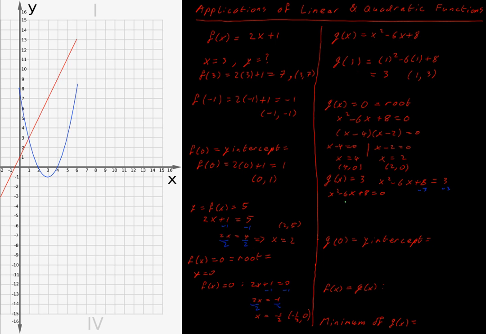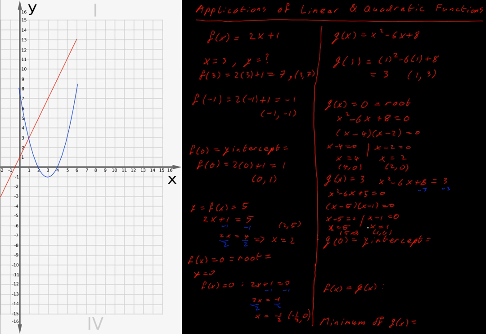Sorry, that should be plus 5. When I factorize that, I will get x minus 5 times x minus 1 is equal to 0. So x minus 5 is equal to 0, or x minus 1 is equal to 0. So I'd have x is equal to 5, or x is equal to 1. So I'd have my points (5, 0) or (1, 0).